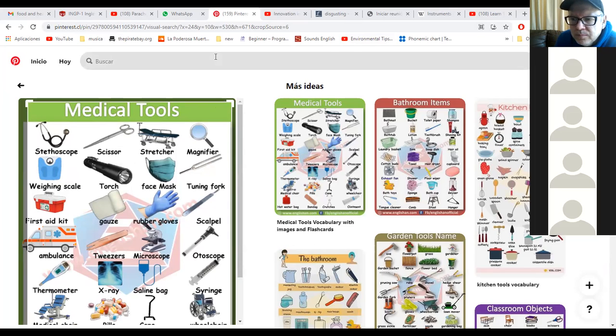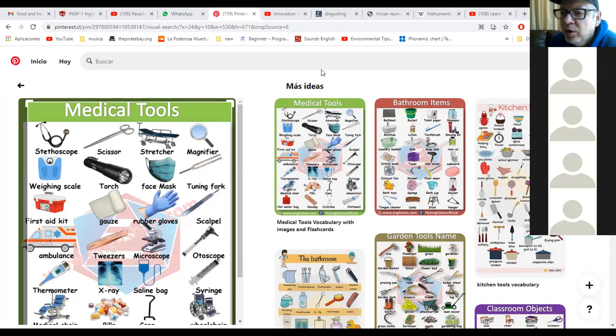What is that? Thermometer. No. Let me repeat. This medical tool is used to measure your weight. Weighing scale, yeah, absolutely. One more example.